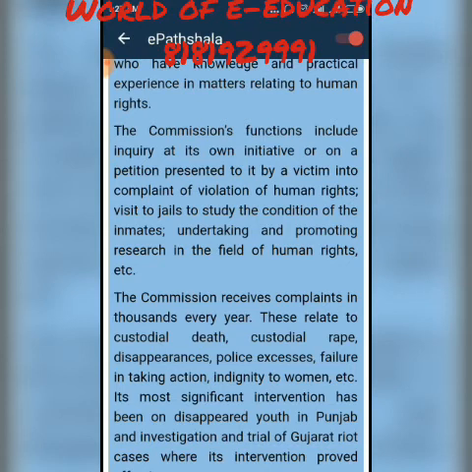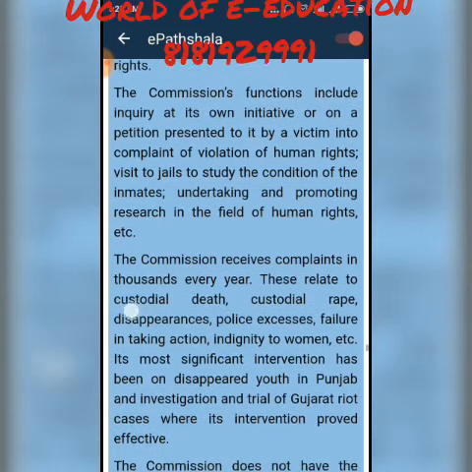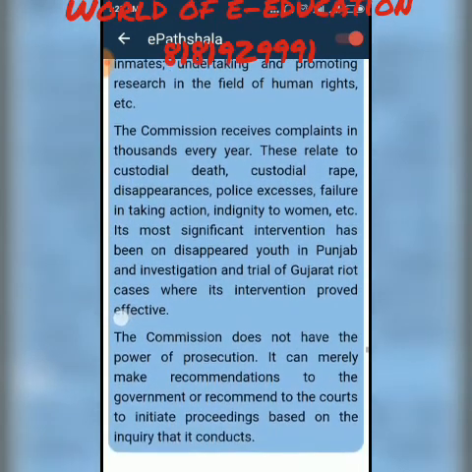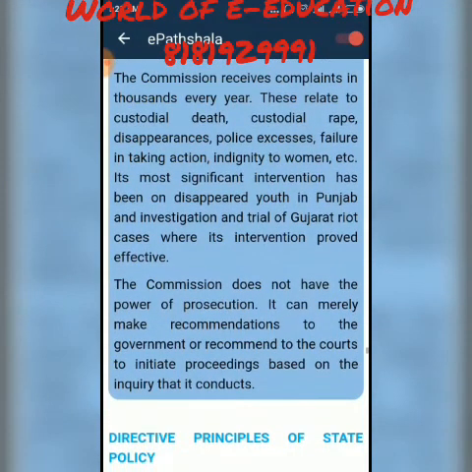The Commission receives complaints in thousands every year. These relate to custodial death, custodial rape, disappearances, police excesses, failure in taking action, indignity to women, etc. Its most significant intervention has been on disappeared youth in Punjab and investigation and trial of Gujarat riot cases, where its intervention proved effective.